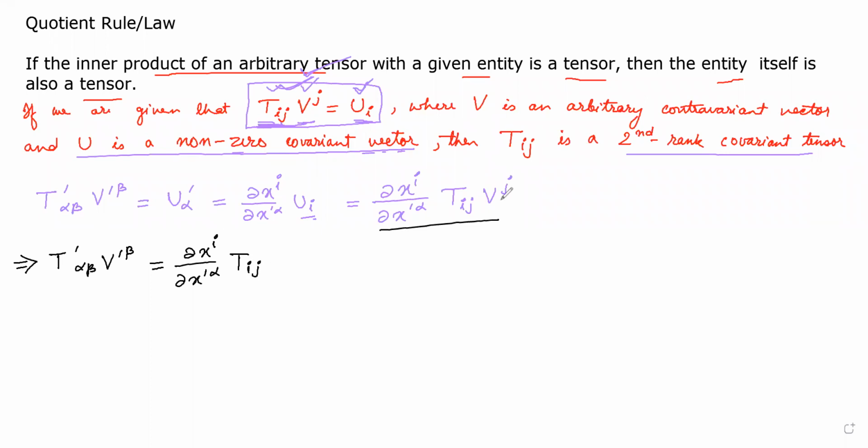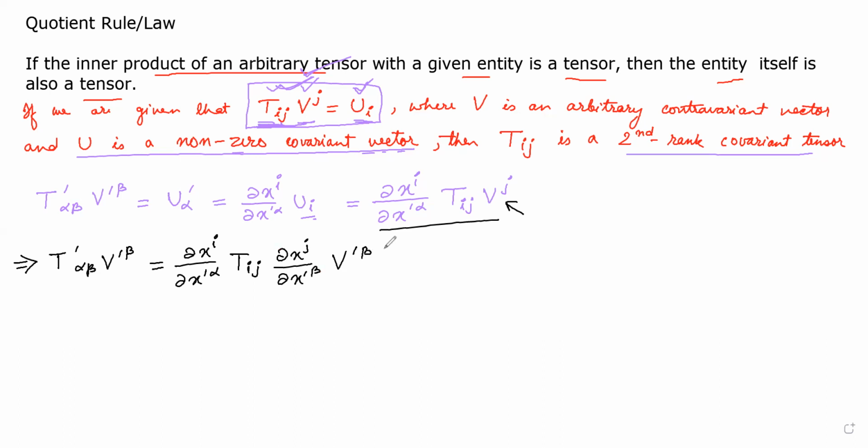Now let us write the transformation rule for this Vj. So let us look at the transformation rule for Vj. And since Vj is a contravariant tensor of rank 1, that is Vj is a contravariant vector, then its transformation rule is this: dou xj divided by dou x prime beta V prime beta.